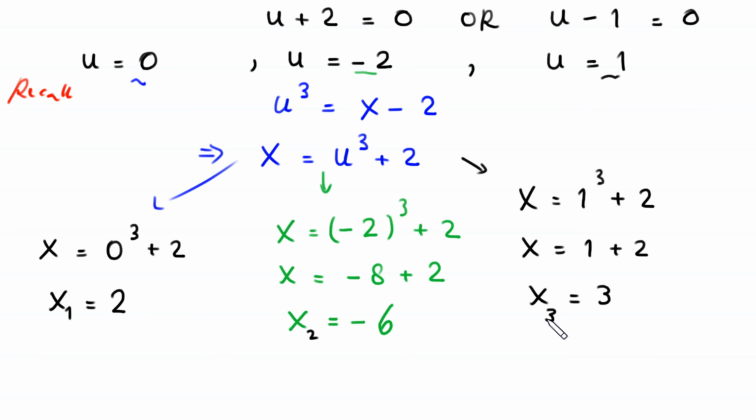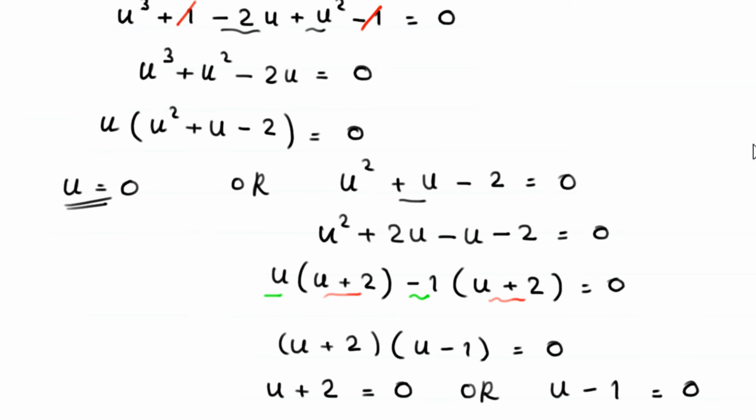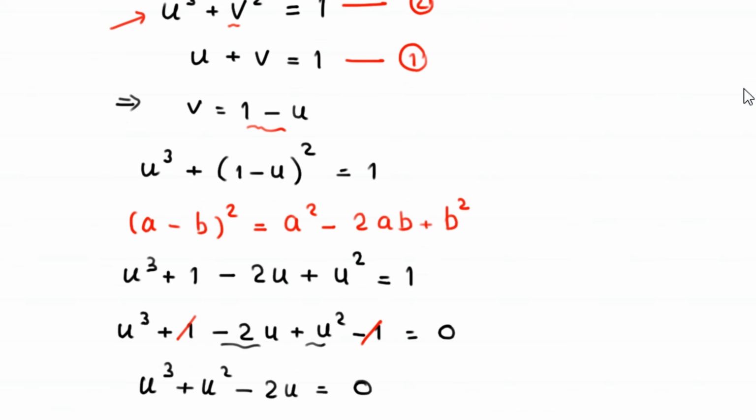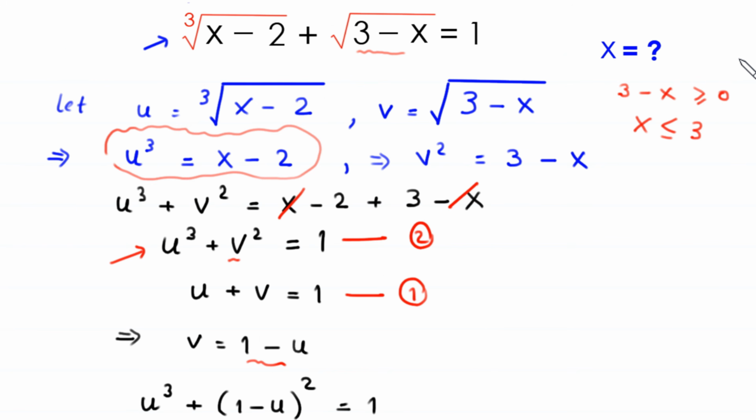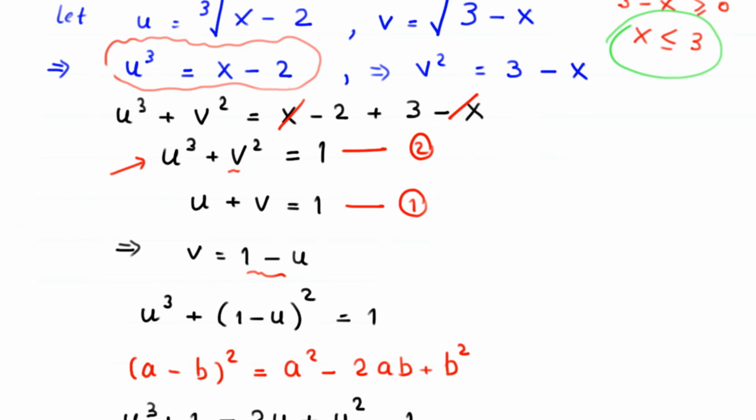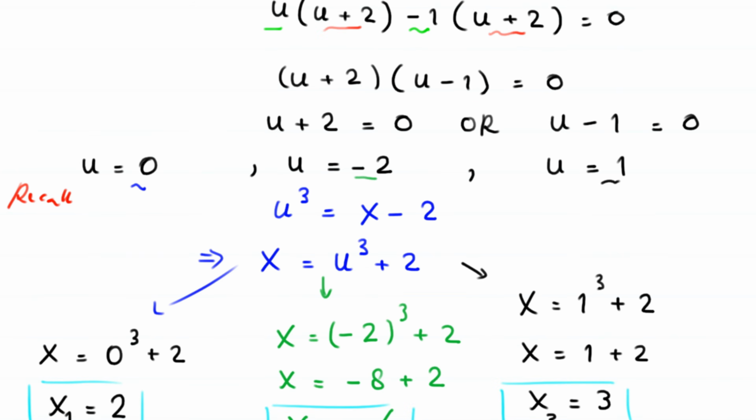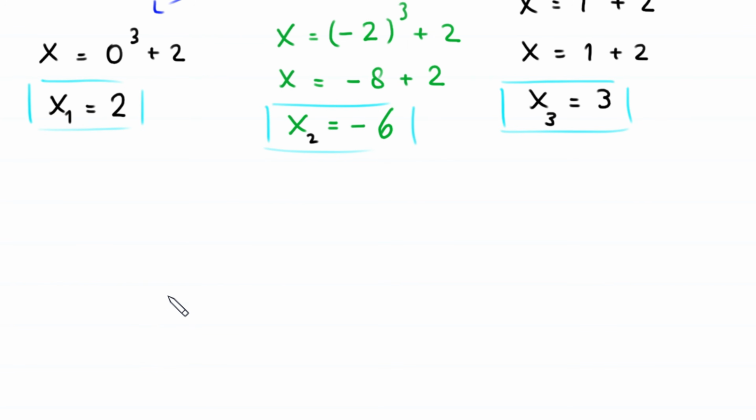Now we check the validity of these three solutions by using the domain of this equation. The domain of the equation is x must be less than or equal to 3.